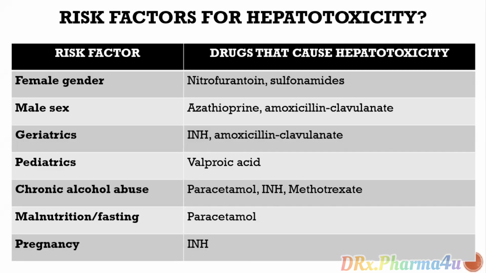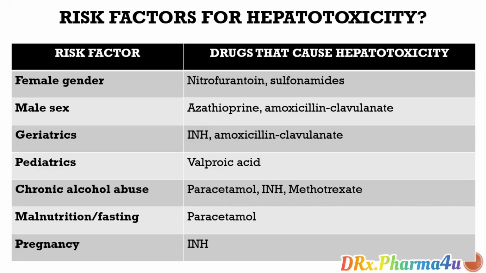Now let's come to the risk factors for hepatotoxicity. So for example, on the left-hand side, you can see the individual risk factors. And on the right-hand side, you can see the specific drugs that can cause liver damage if you are having a particular risk factor. So for example, if you are a female and you are under nitrofurantoin therapy or you are under sulfonamide therapy, it has been seen that it may elevate your liver enzymes.